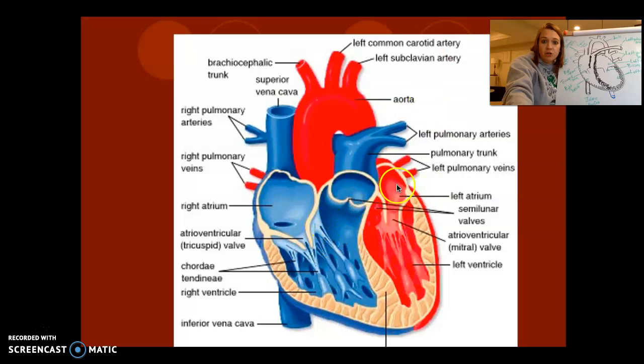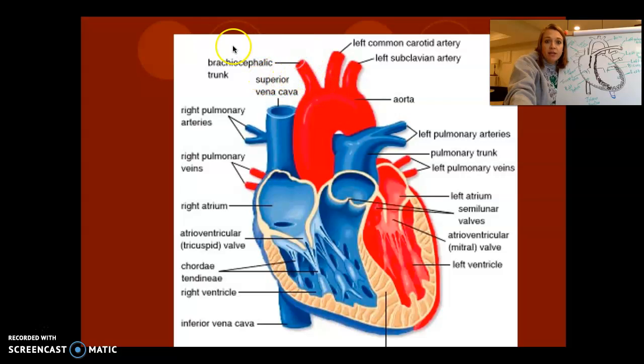So if you look at the picture on here, here is your left atrium. The blood comes back from the lungs to here. It goes out this bicuspid valve, and then it is kept in this left ventricle, and then it gets pumped out the aorta to the rest of the body, okay?